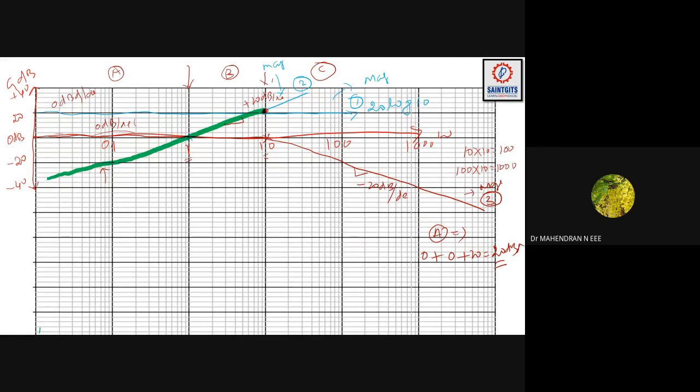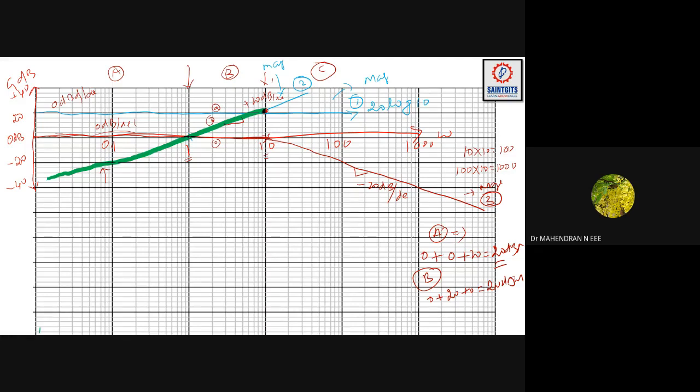In the B portion also, what are the slope changes? This is A, this is B, and this is C. Slope at A is 0 dB plus slope at B is 20 dB, and slope at C is 0. So it is 20 dB per decade. Up to corner frequency 10, a uniform slope will be there.